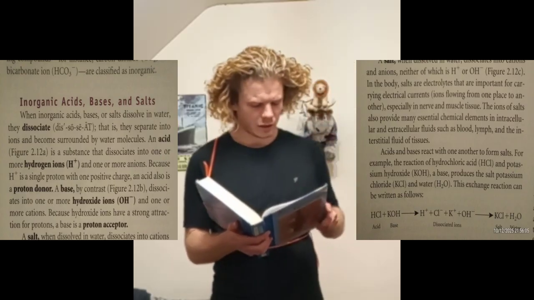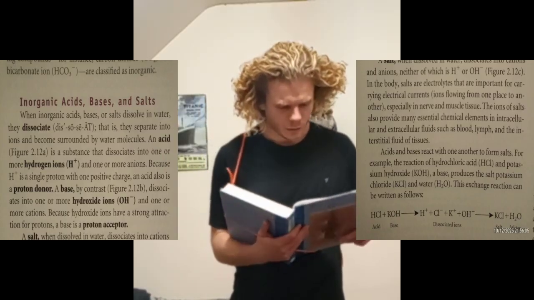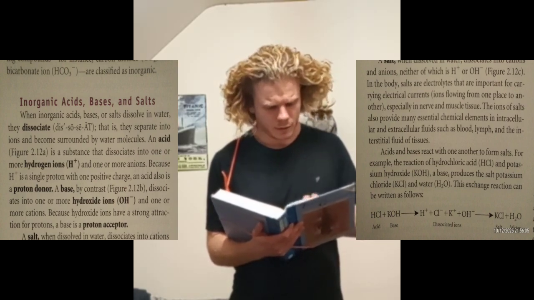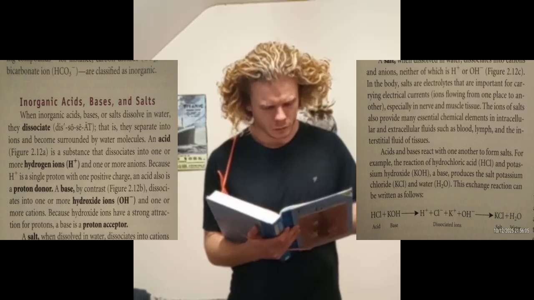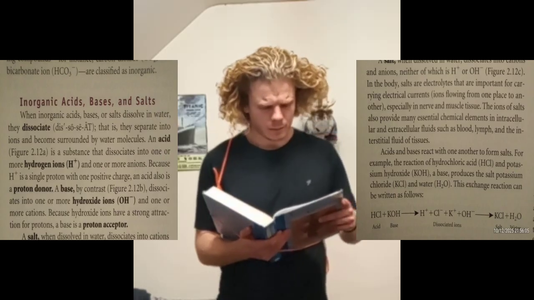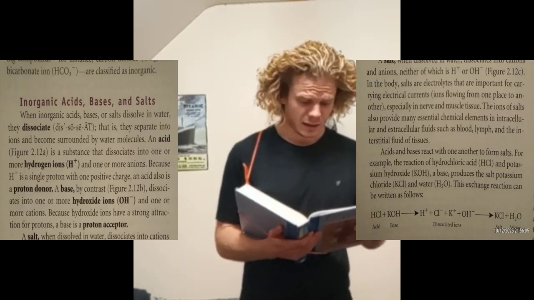This exchange reaction can be written as follows. Dissociation is the separation of inorganic acids, bases, and salts into ions in a solution. HCl becomes H plus and Cl minus.